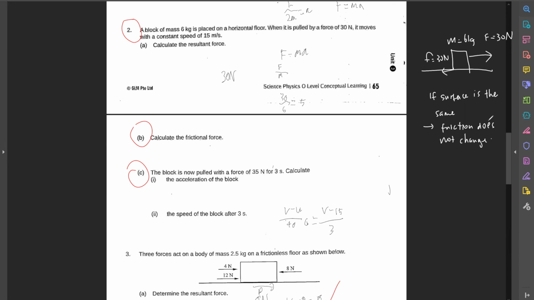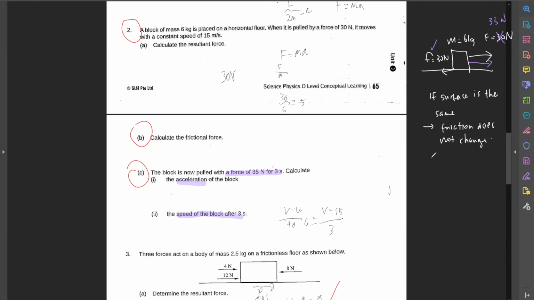Then they tell you some other story. They say the block is now pulled with a 35 Newton force. Then they ask for the acceleration and they ask for the speed after this. So now they change this. This is no longer 30, it's 35. Because the surface is the same, only the force changes. That means the frictional force will still be the same.